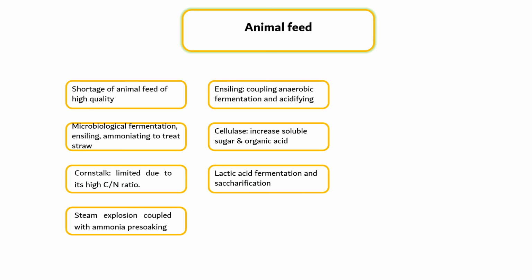In this way, lactic acid fermentation and the saccharification process are synchronized by adding lactic acid bacteria and hydrolase. The soluble sugar produced from enzymolysis can be used by lactic acid bacteria, and the growth of lactic acid bacteria can inhibit the growth of other microorganisms. However, the enzyme cost is high in this process.